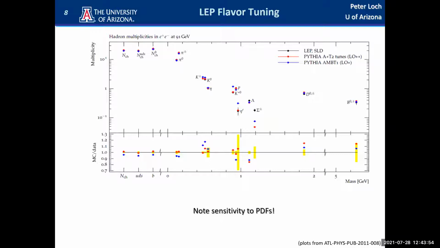Now there is a sensitivity to your choice of parton density function. This is very typical. When you specify a tune, you always have to say which PDF you have used. There's basically no way around it. The tunes are not valid out of that context in most cases.